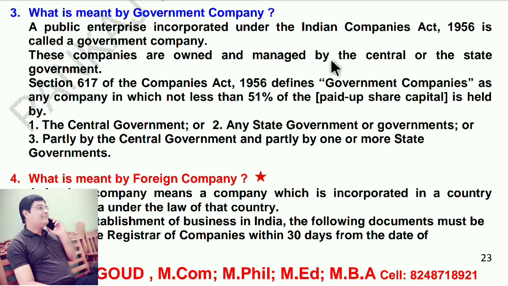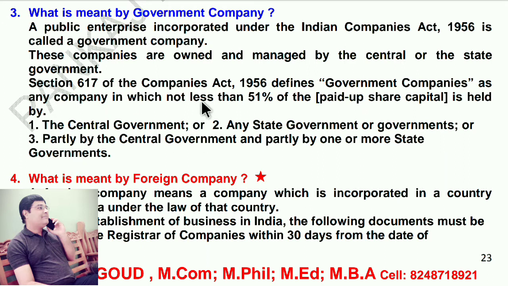What is a government company? A public enterprise incorporated under the Indian Companies Act 1956 is called a government company. These companies are owned and managed by the central or state government. Section 616 of the Companies Act 1956 defines a government company as any company in which not less than 51% of the paid up share capital is held by the central government, or by any state government or governments, or partly by the central government and partly by one or more state governments.